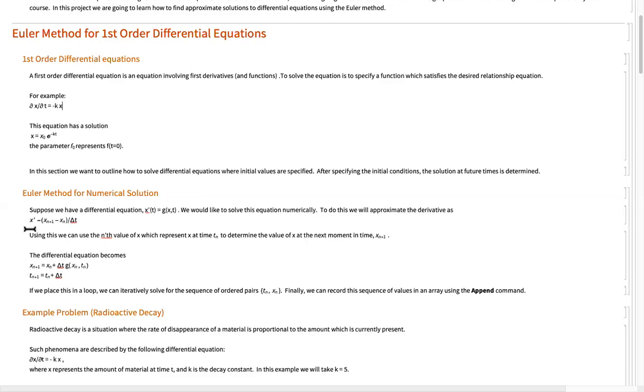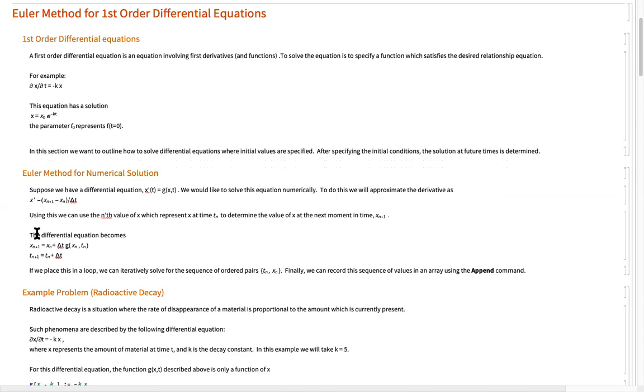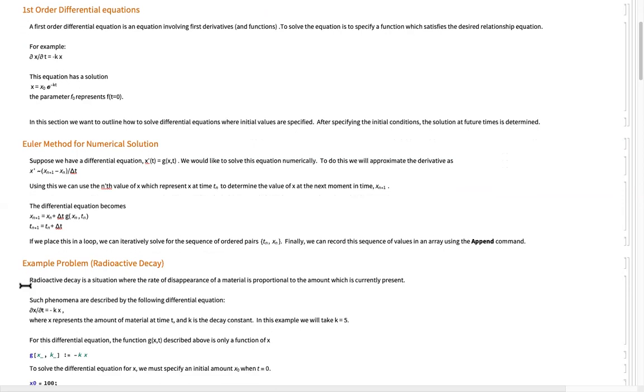Okay, so the notebook just spells out what I did, writing things by hand. You replace the derivative with a finite difference, and then you can use the nth values to determine the next set of values, just like I described, and then we're going to place it in a loop.